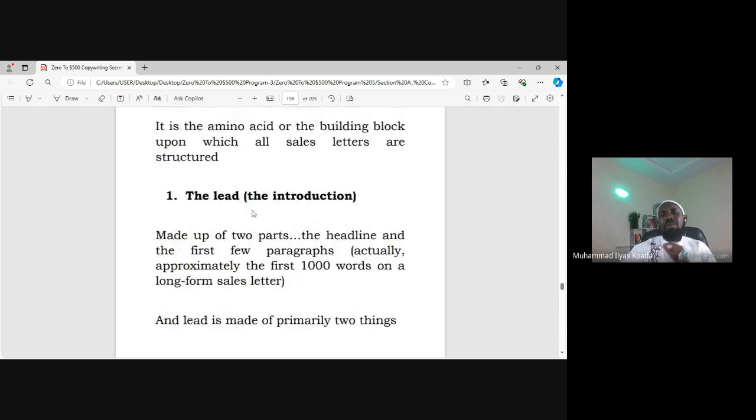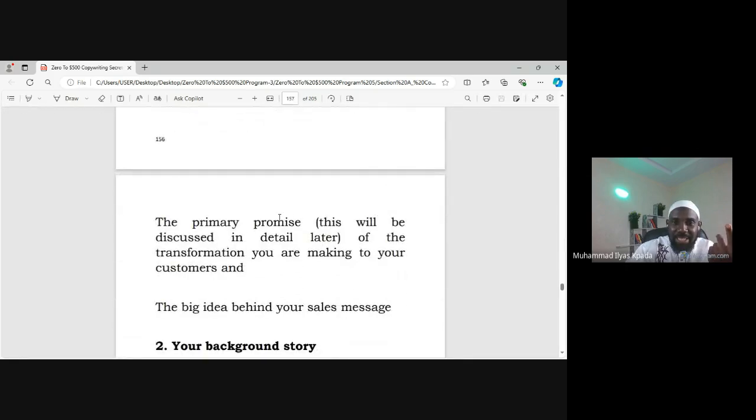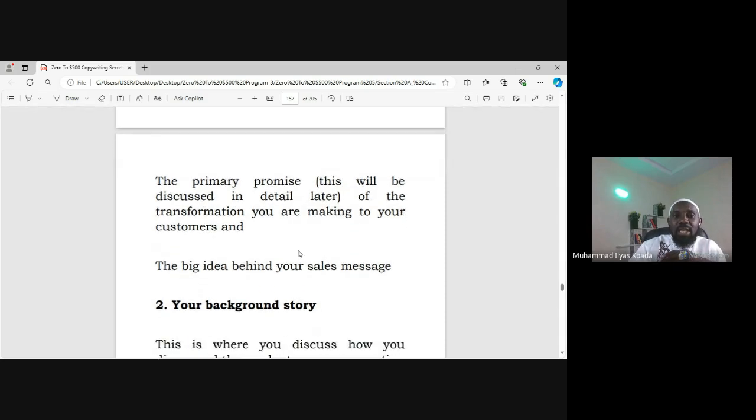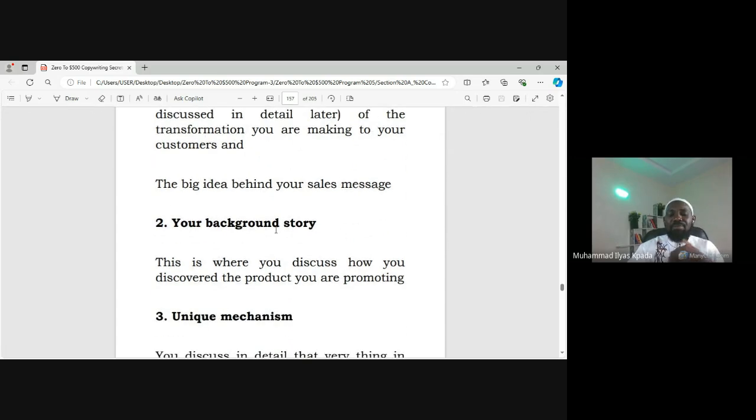The lead is made up of two things: the headline and the lead properly. The primary promise is discussed in detail later. Then the big idea. These are the ingredients of the lead.